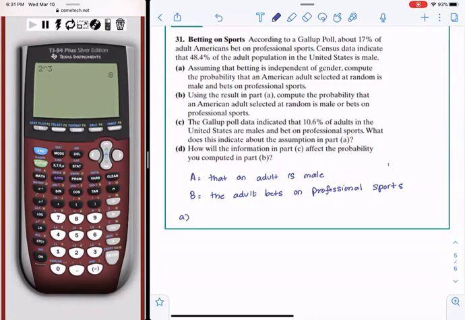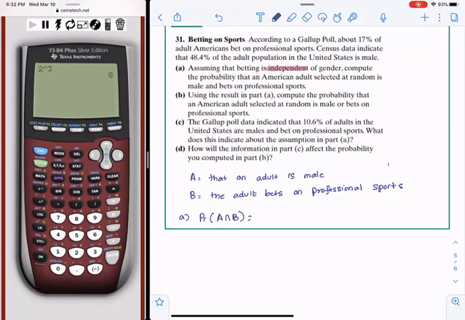So part A would want to know the probability that a randomly selected adult is male, so event A, and bets on professional sports, and would mean intersection. So A and B. So here the key word to pay attention to is independent. It states that assuming that betting is independent of gender.